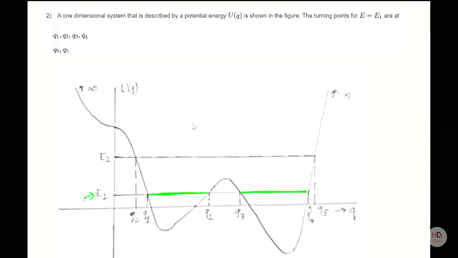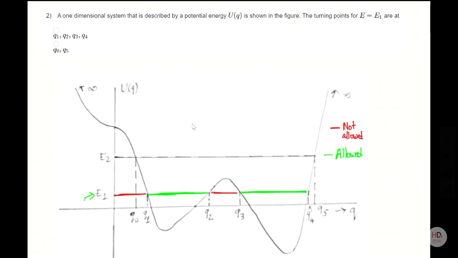But classically, this is the permitted region, and this would be the forbidden region, right? Because here you have potential higher than total energy, which means your kinetic energy is negative. That does not happen. So this is not allowed, and green is allowed.